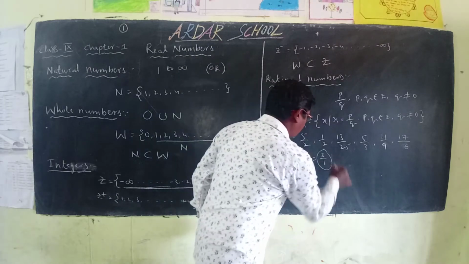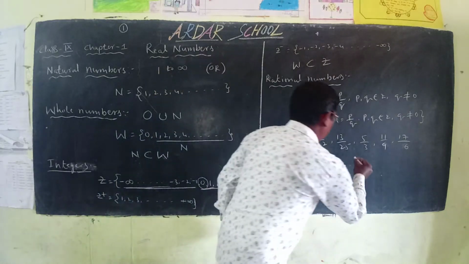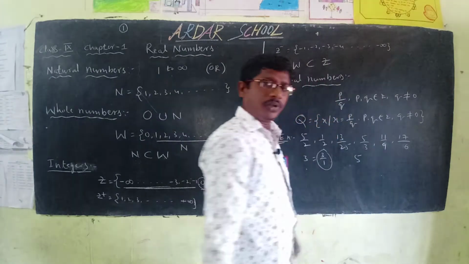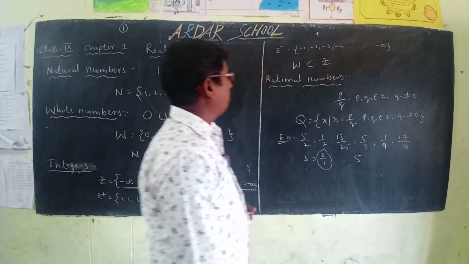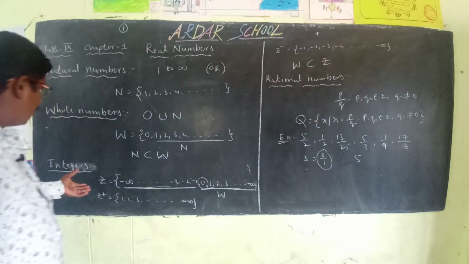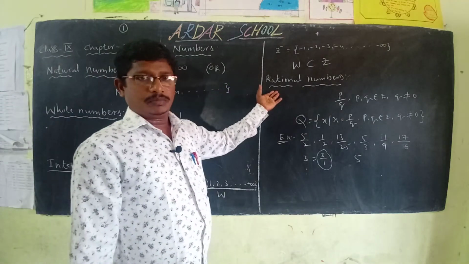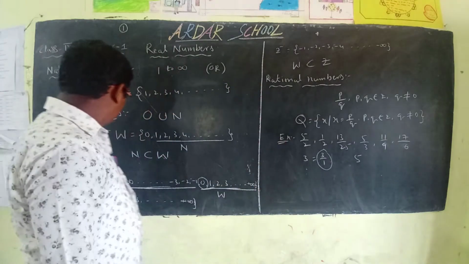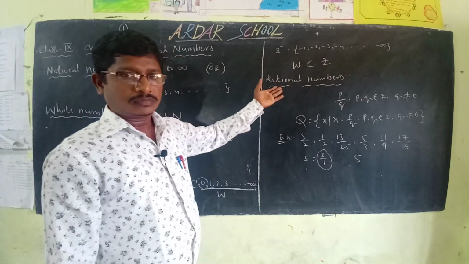As well as 5, 5 is also a rational number. I conclude that every integer can be expressed as a rational number.